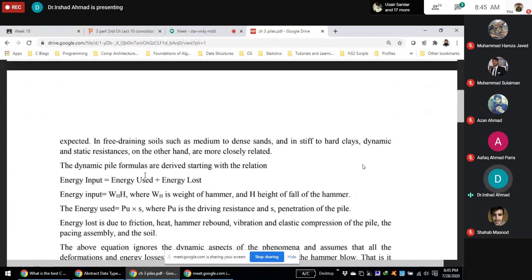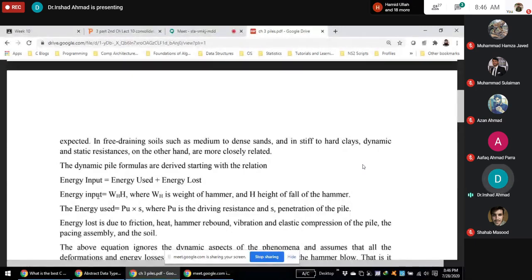Energy used will be equal to Pu into S. S is the penetration or advancement of the pile, and Pu is the resistance of the soil or the capacity of the pile. Pu is the resistance offered by the soil to that penetration S. So Pu into S is the energy used by the pile plus energy lost.